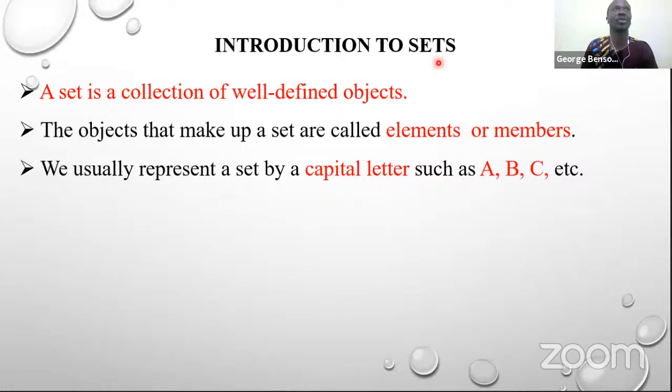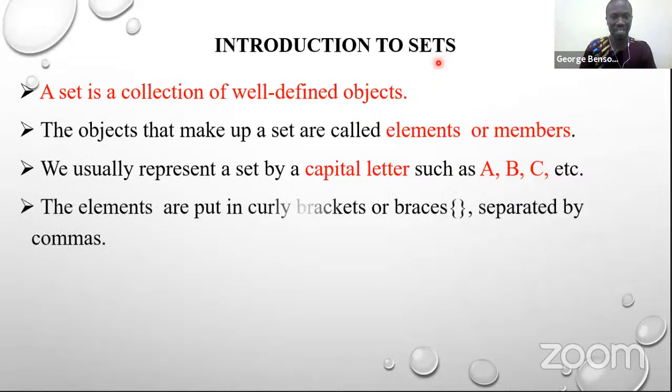So for example, if I am defining a set of boys and girls in a class, then I'll use the capital letter B for the boys, and the capital letter G for the girls. So when we are describing a set, we use capital letters to represent the main sets. Then the elements or the members of the sets are put in brackets or braces, which are separated by commas.